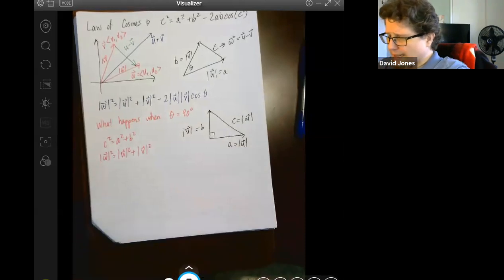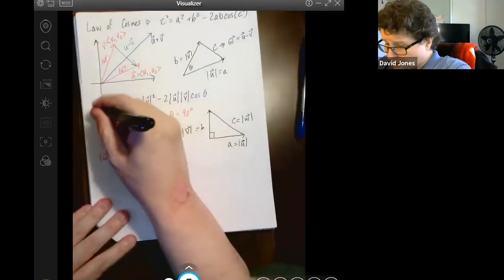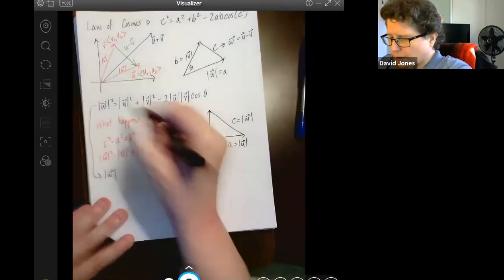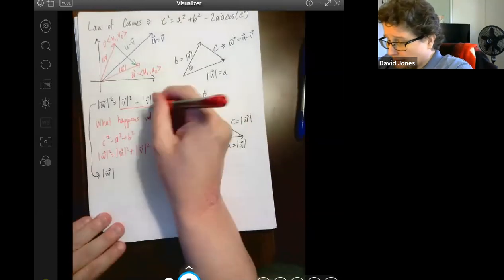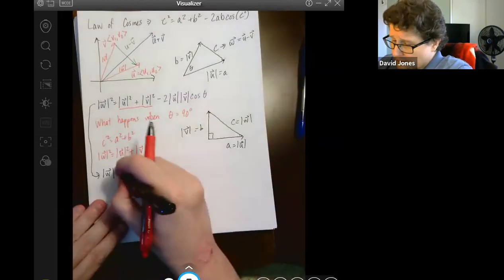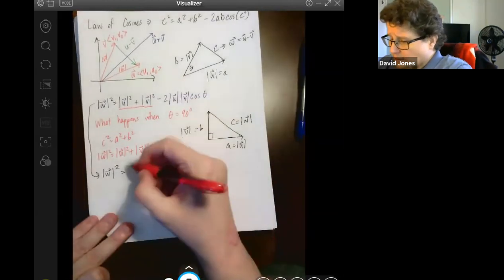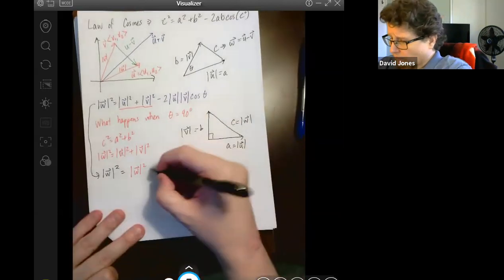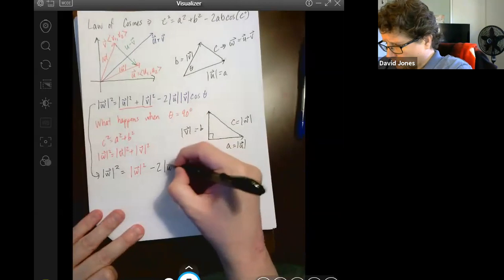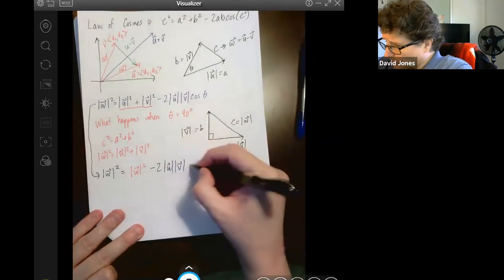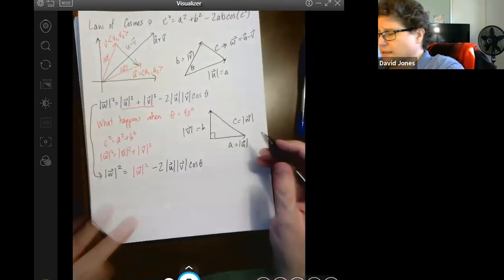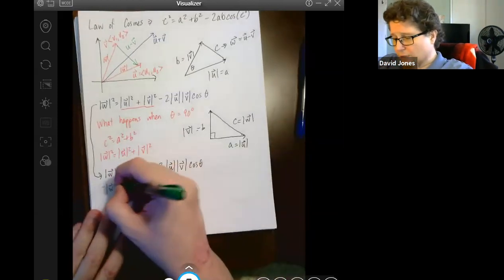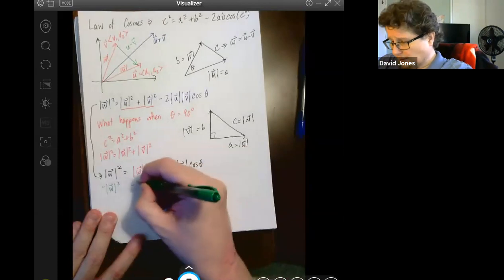And let's plug that in up here. I'm going to replace the u squared plus v squared. I'm going to replace this part. And then I'm going to subtract the magnitude of w squared from both sides. This is just a value.